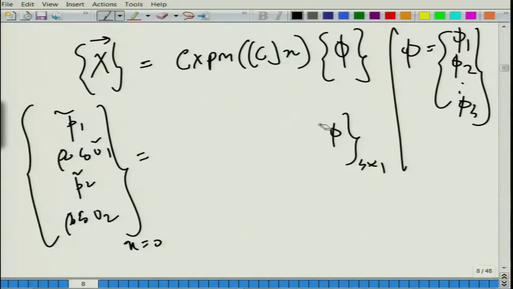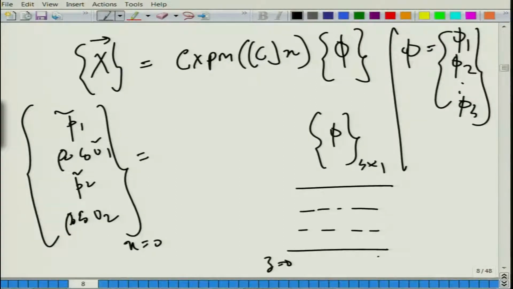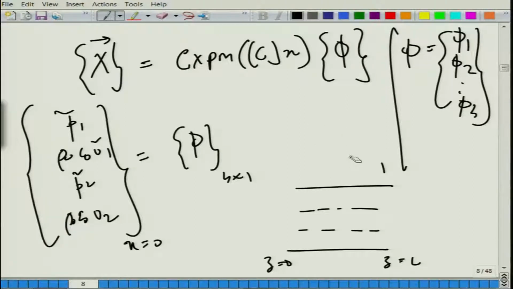So phi, the constant, is nothing but your state vector at x equal to 0. Remember your perforated section: this was the section z equal to 0 and this was z equal to L.